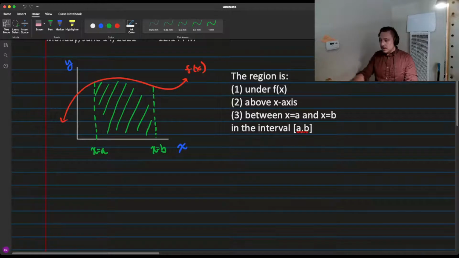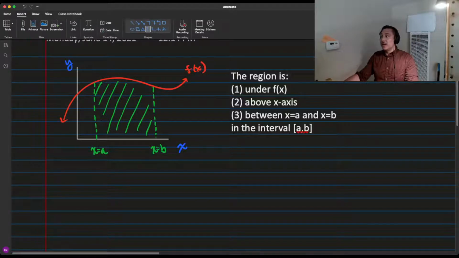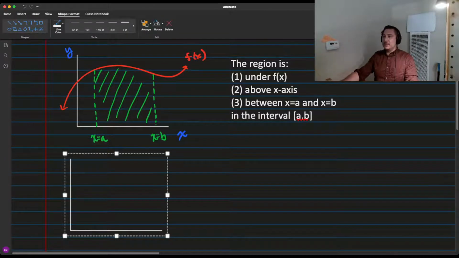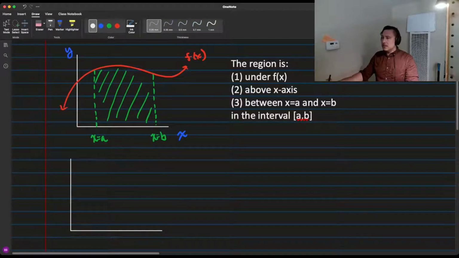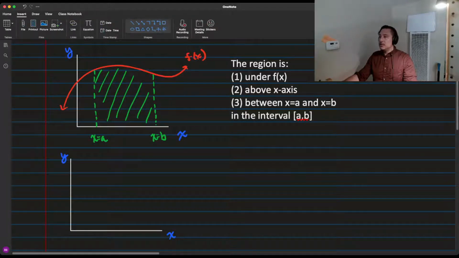Now, let's talk about when you don't need to approximate the area, when you can just figure it out. Okay, so there's our graph, our axes. X-axis, y-axis, and let's put in a line.